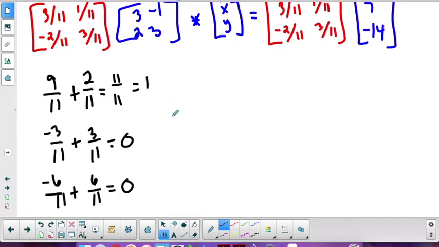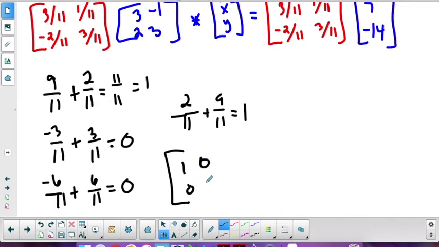And then the last piece, row 2, column 2: negative 2 over 11 times negative 1, and then 3 over 11 times 3. That does equal 1. So that whole thing, when we multiplied it out, equaled 1, 0, 0, 1, which is the identity matrix and cancels because it doesn't do anything to the x and y. So it does actually cancel all that out.